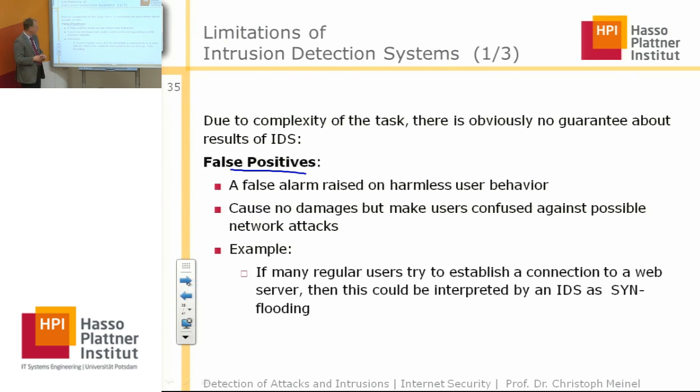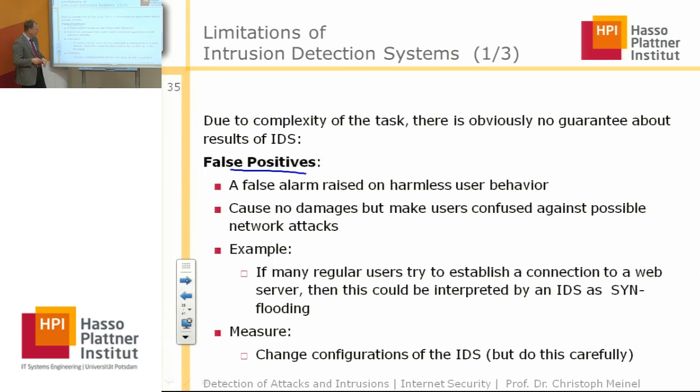Here an example: if many regular users try to establish a connection to a web server because there is new information available, then this could be interpreted by such an intrusion detection system as a SYN flooding.